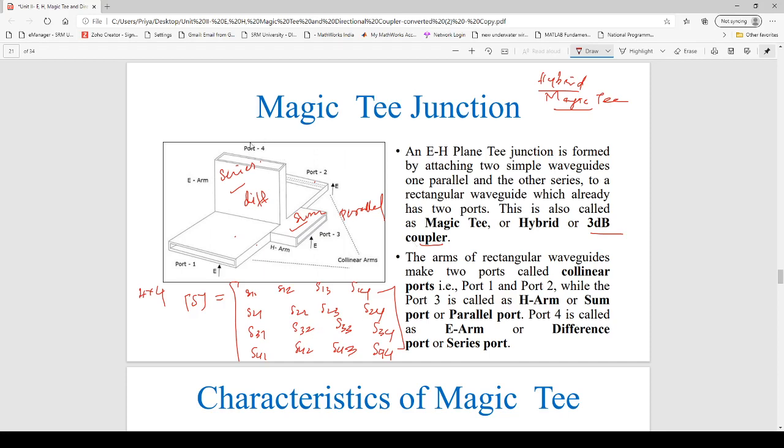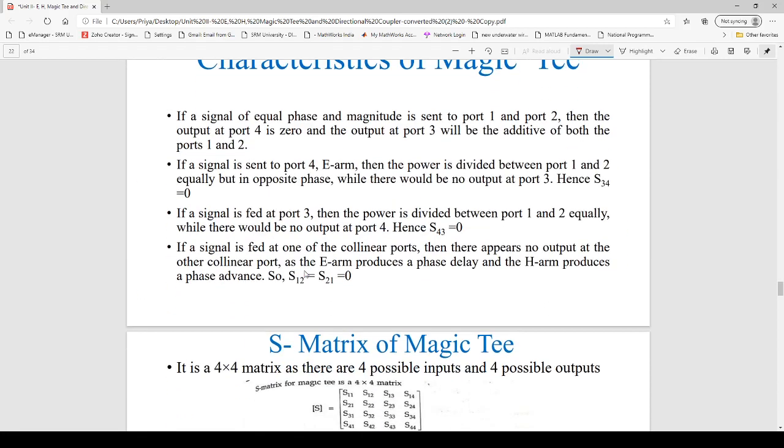When it satisfies the E plane property, with port number 4, S14 is equal to S24 in magnitude but opposite in phase, so S14 is equal to minus S24. In the same way, if it satisfies the H plane property, with port 3 as the H plane, S13 is equal to S23. This we will see in the H plane matrix. That is what is given here.